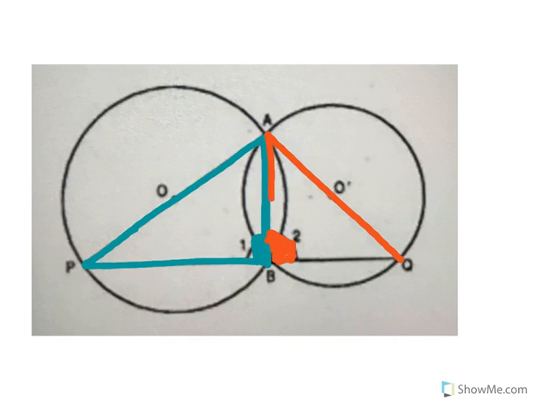This is again angle in a semicircle. So these two angles are now 90 and 90. Angle 1 is 90, angle 2 is 90. So this becomes now 180. 90 plus 90 equal to 180. So PBQ is a straight line.